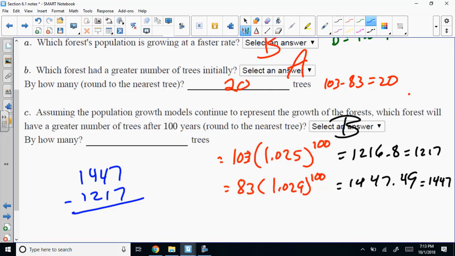So if I use rounding, it would round what? Up, right? 5 and up go up. Below 5 goes down, right? You can't just round up and say you have a whole of something in a population. Well, you can if they tell you.